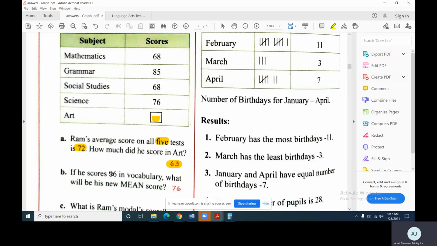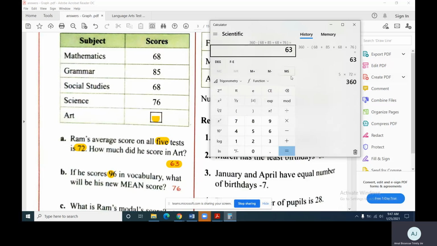If his score in vocabulary is 96, what is the new mean? So pay attention to the fact that when we did all 5 marks, we got 360. And he came along and said, here, look, another test. What was that test? Vocabulary. What was the mark? 96.